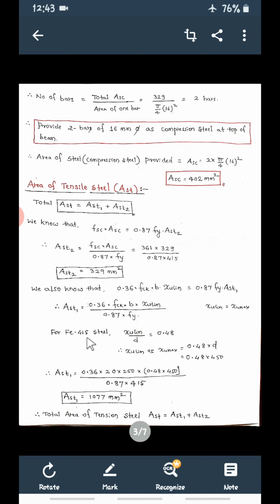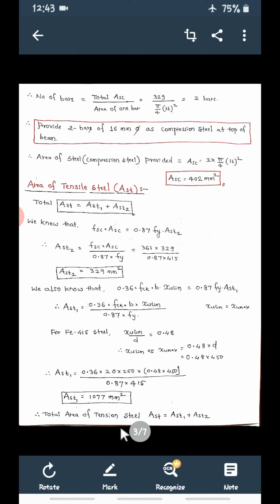We know that for Fe415 grade steel, XU max divided by D is equal to 0.48. So therefore XU max is equal to D into 0.48. So this is the XU max value. Therefore AST1 is equal to 0.36, FCK is 20, B is 250, XU max is equal to 0.48 into 450, divided by 0.87 into 415. So AST1 is 1077 mm square.